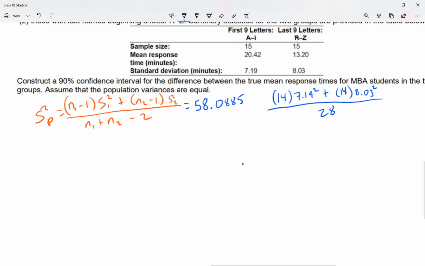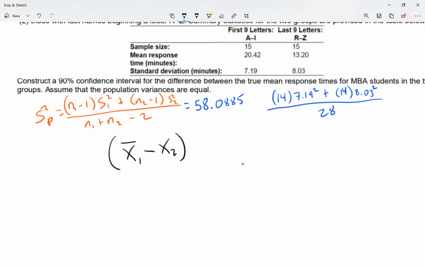Now, let me give you guys your formula for your interval. It's going to be the difference of the sample means, plus or minus your t-value. Okay, I'm not going to use the z-score now. I'm going to use the t-value. Remember how I showed you guys last time how to get the t-value?